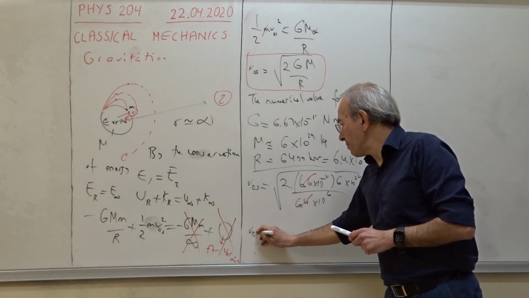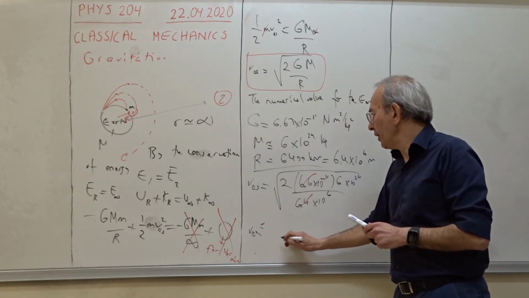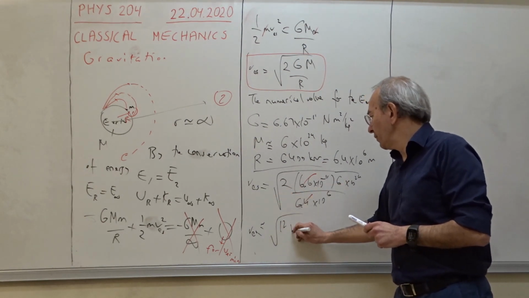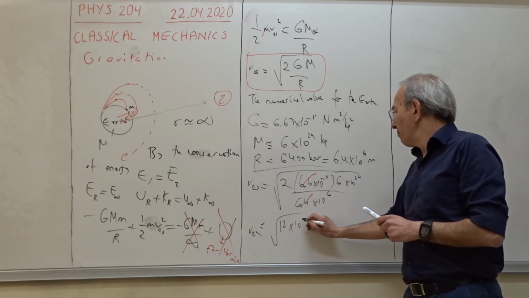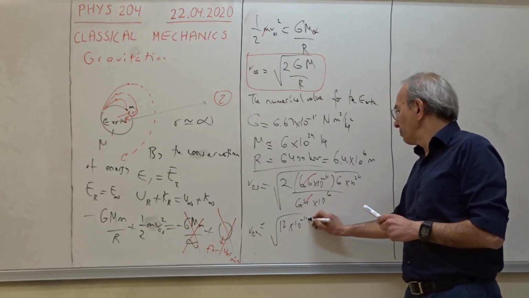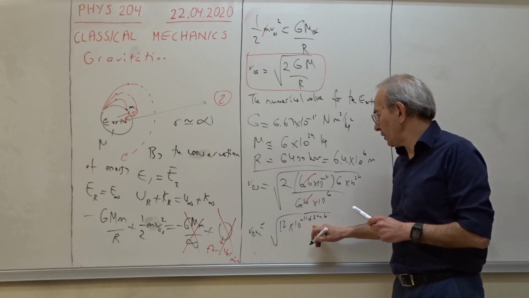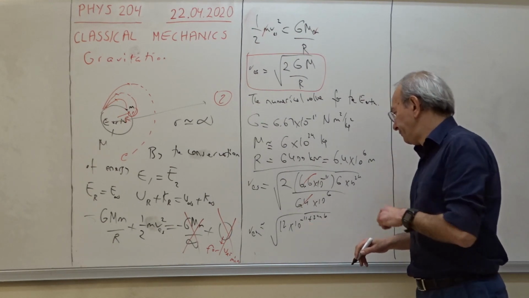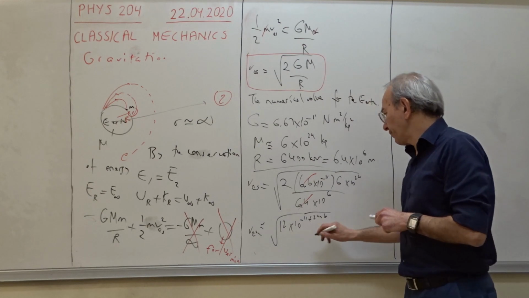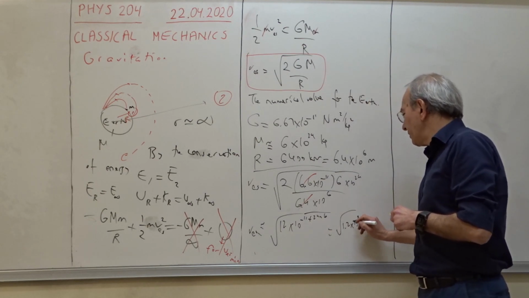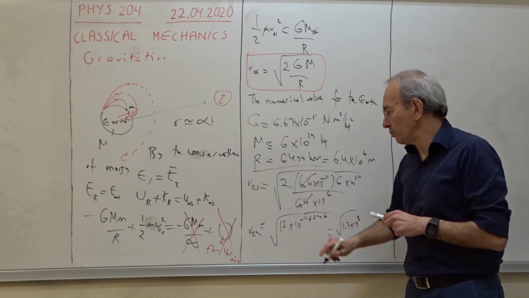So V escape is nearly root of 6 times 2, which is 12, times 10 to the what? Minus 11 from the first, plus 24 minus 6, so that it will be 10 to the 7. It is around 1.2 times 10 to the 8 if you take the decimal point here.